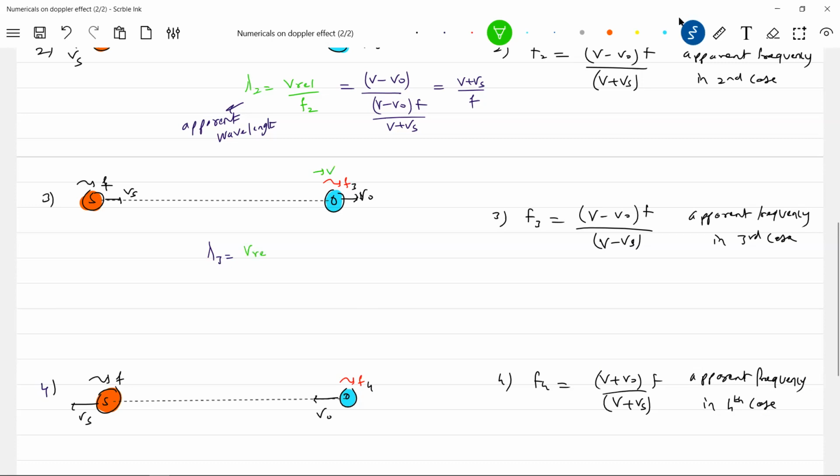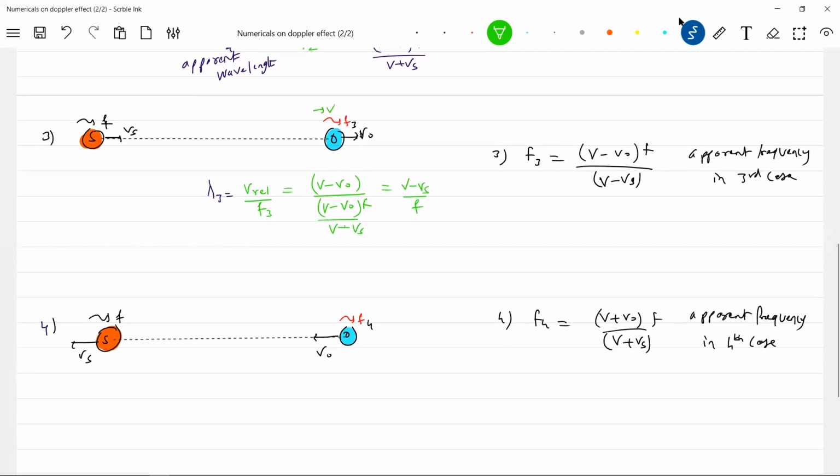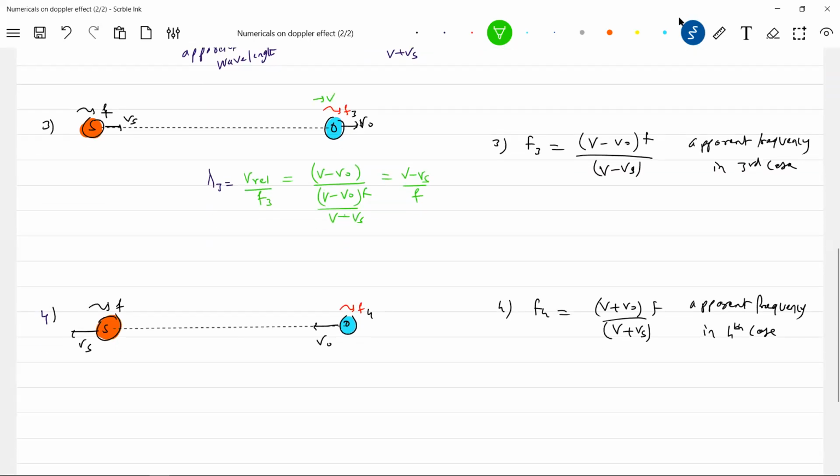So this will be v relative by f3. V relative in this case is v minus v naught. Apparent frequency is v minus v naught f by v minus vs. Similarly, for the last one, the wave will approach with a speed v. So what is the relative motion between the wave and the observer? What is the speed of the wave with respect to the observer? So lambda 4 is equal to v relative by f4.